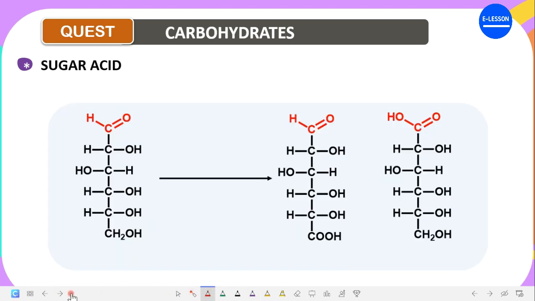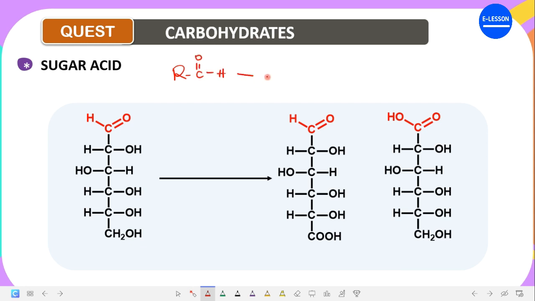We have sugar acid. Now, how do we actually get sugar acid? If you oxidize an aldehyde or primary alcohol, what are you expected to get? Normally in organic chemistry, this is an aldehyde functional group.